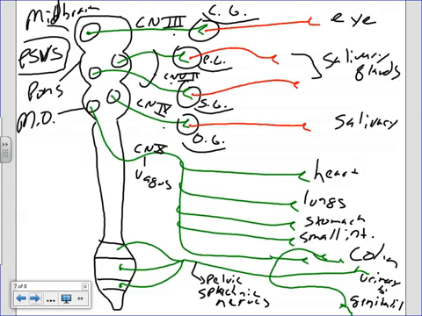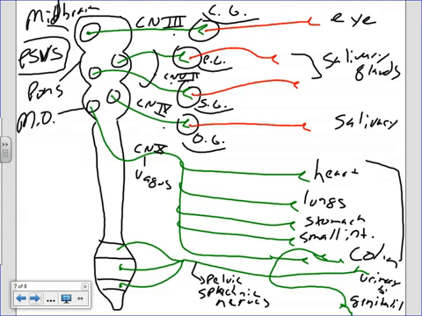So the vagus nerve essentially innervates from the heart to the colon. Not all aspects of the colon, but a good portion of it, more the upper aspect of the colon, like the ascending colon, for example.